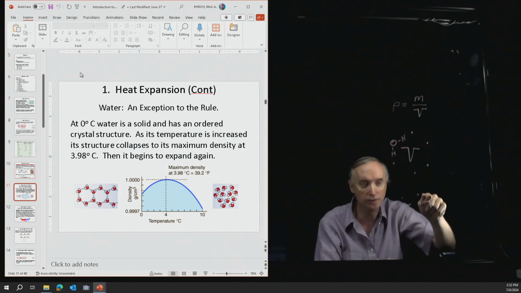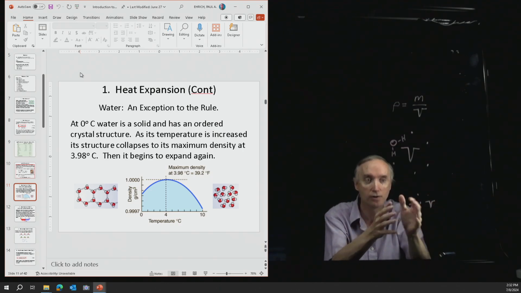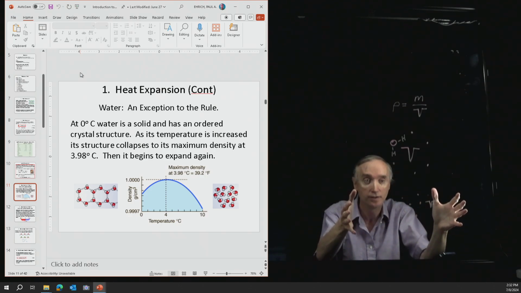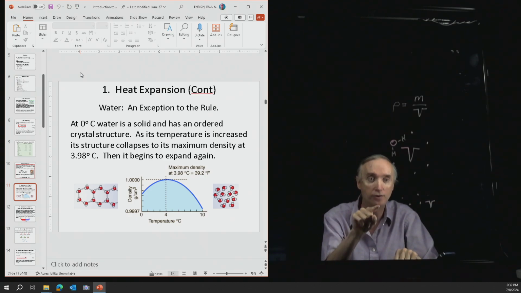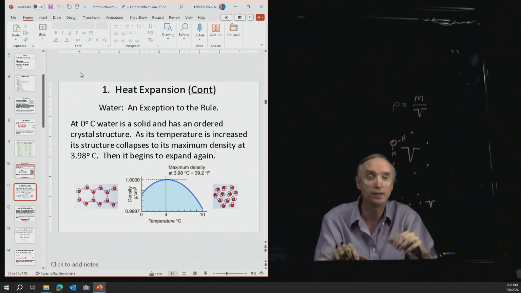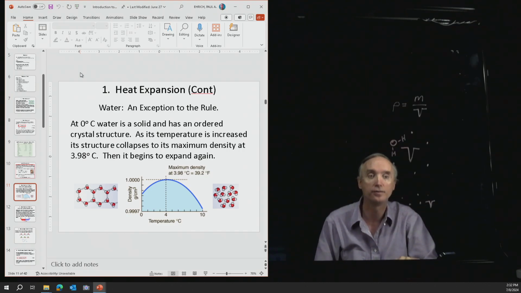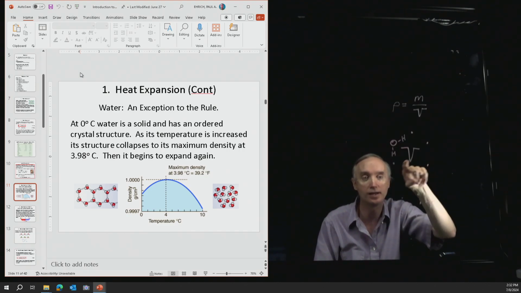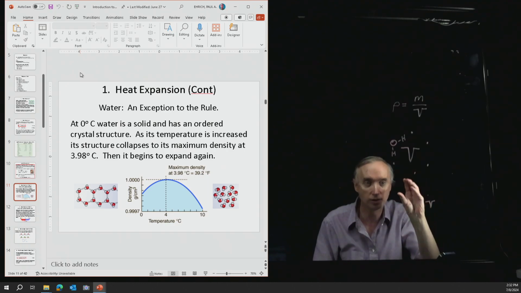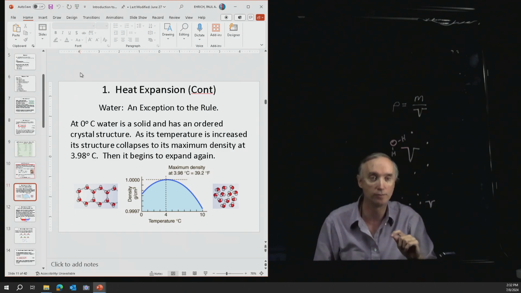Now, if we continue to increase the temperature, then the liquid water is going to be vibrating, and so its volume is going to start to expand as usual. And so now as the volume is expanding, the density is going back down again. So the blue line at first goes up as it's melting, and once it's all collapsed, then it starts to expand again, and then the density begins to go back down again.